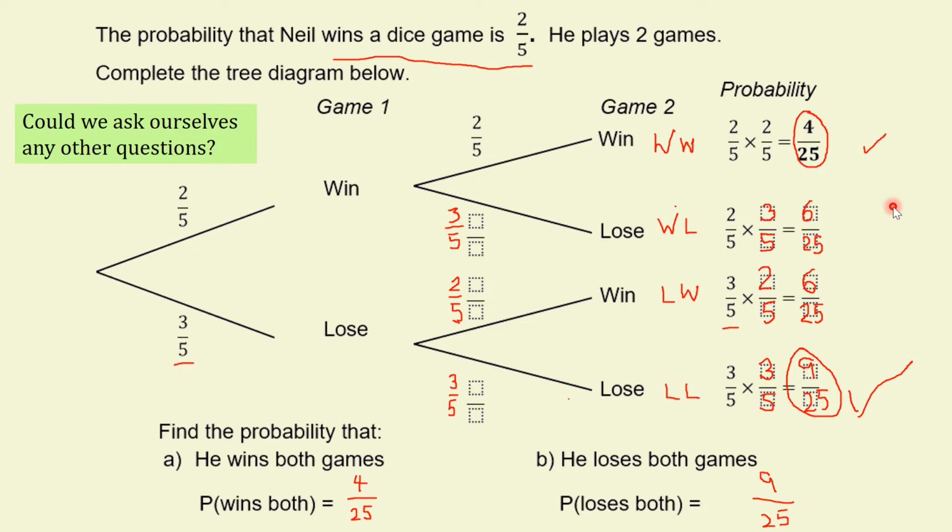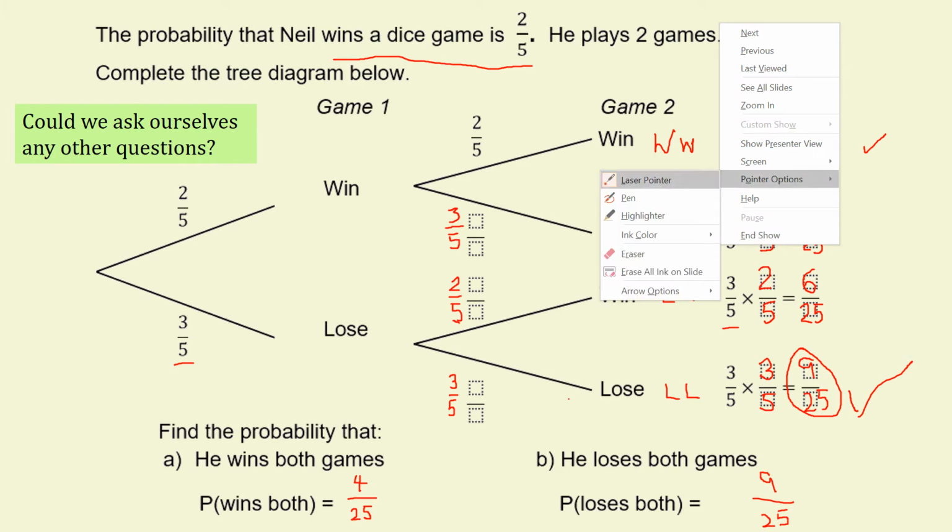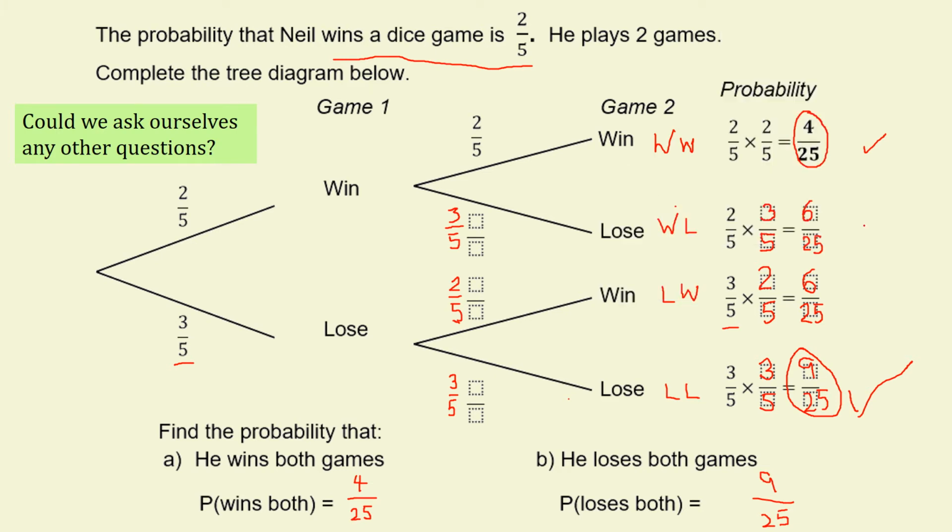Could we ask any other questions from that diagram, do you think? Can you think of any other questions we could have asked ourselves? That is a good question: the probability of winning one and losing one. I like that because both of these two here work.